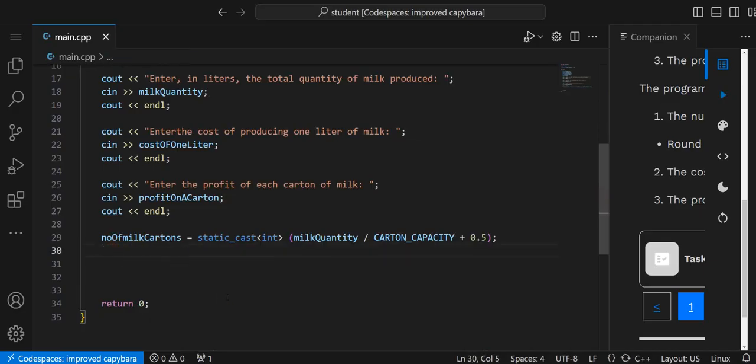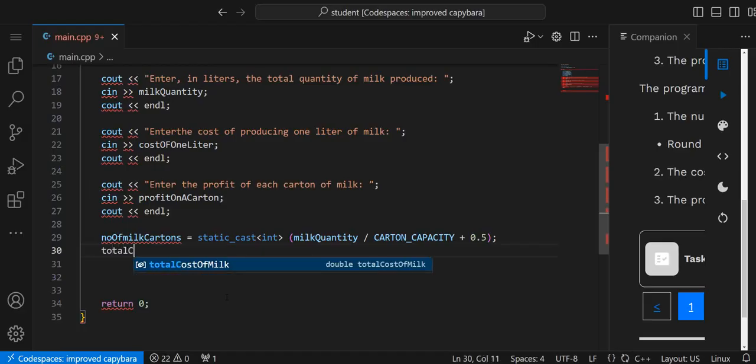So, total cost of milk equals milk quantity times cost of 1 liter.